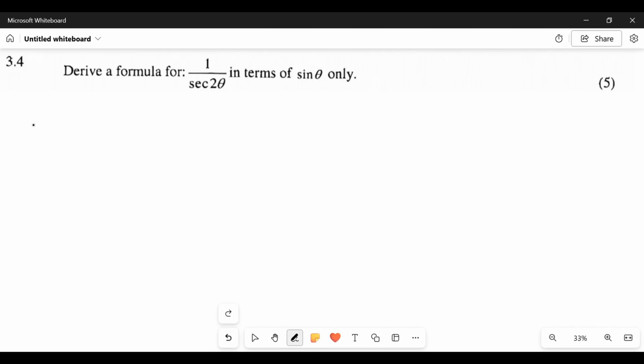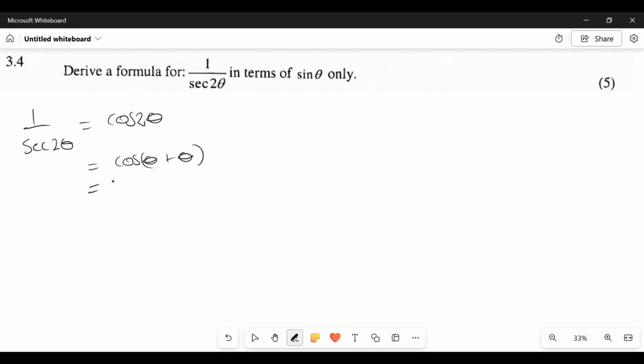First of all, 1 over sec 2 theta, we know that this equals cos 2 theta. You can rewrite this as cos of theta plus theta. Now this becomes your compound identity.